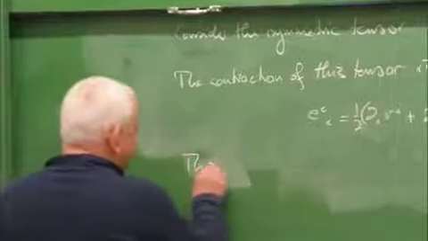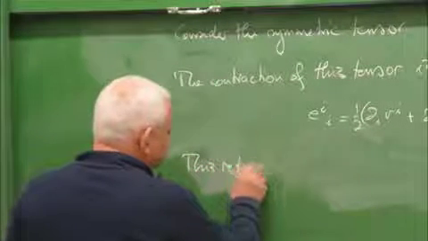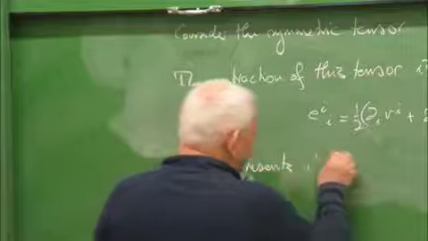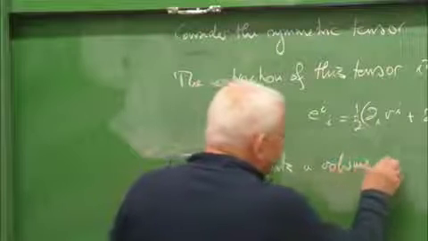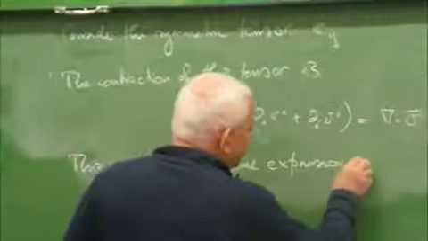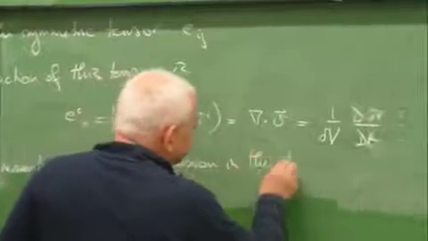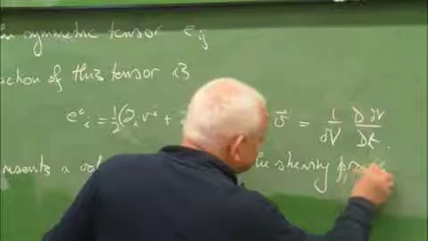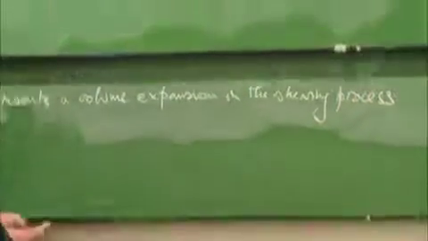This represents a volume expansion rate in the shearing process. A pure shear is one where the volume remains constant.